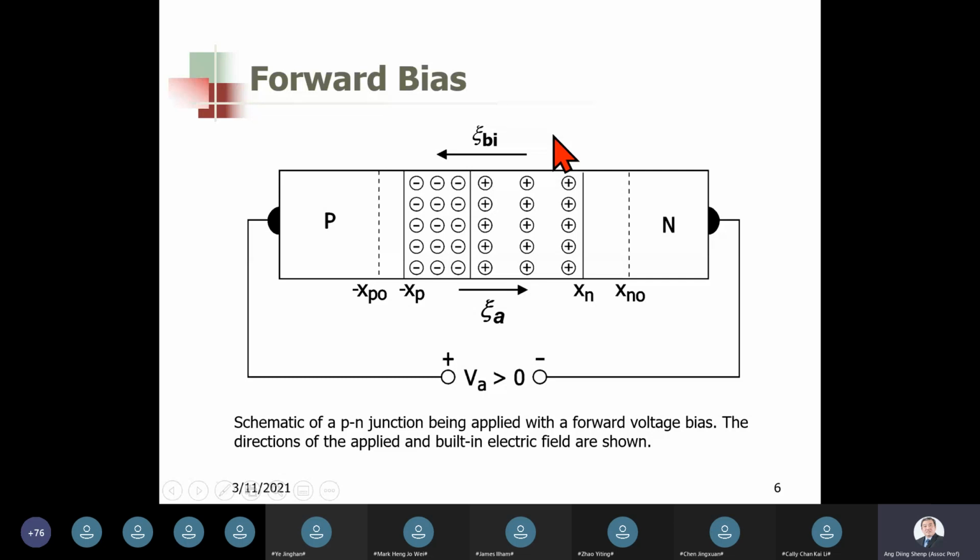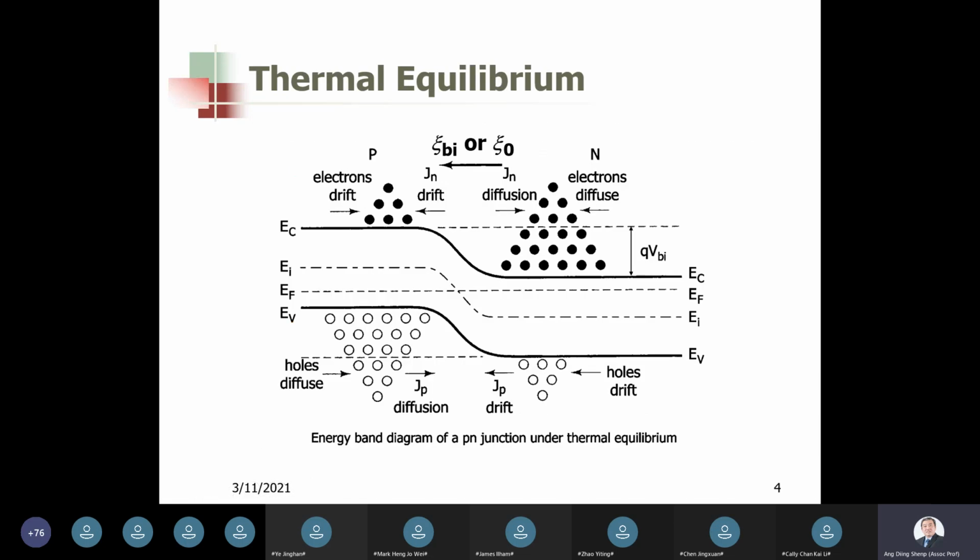In fact, it might be better if I go to this one and try to help you recall what happens under thermal equilibrium. Remember, the space charge region exists at the junction, and outside the space charge region, the semiconductors are neutral. In other words, the P region is neutral, the N region is neutral outside the space charge region. So this is one point that you need to remember.